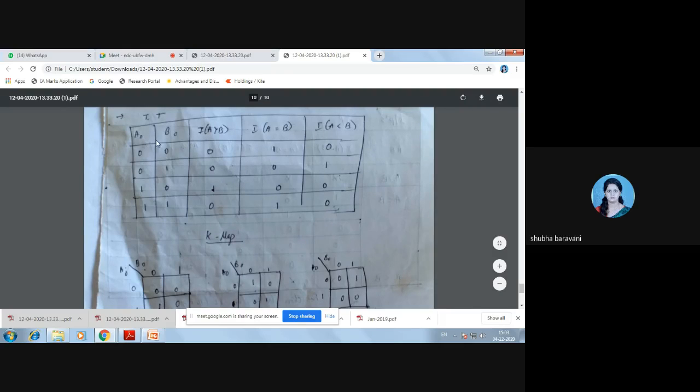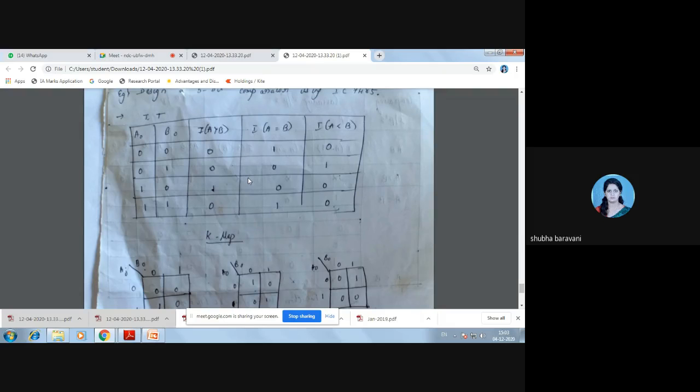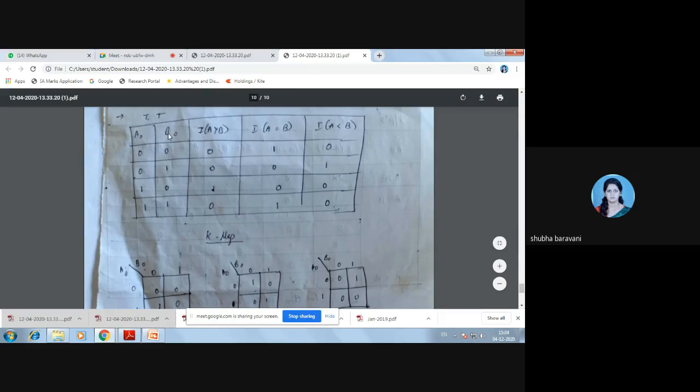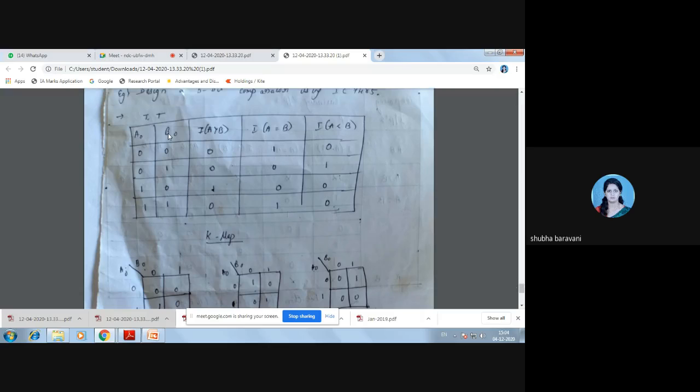When A is 0 and B is 0, we know that A equal to B goes high. When the input is 0 1, A is less than B, so that output goes high. When A is greater than B, it is 1 0, and I get A greater than B. For 1 1 I get A equal to B. This is the truth table for a 1-bit comparator, where I have taken A0 B0 as one bit of the 5-bit comparator.